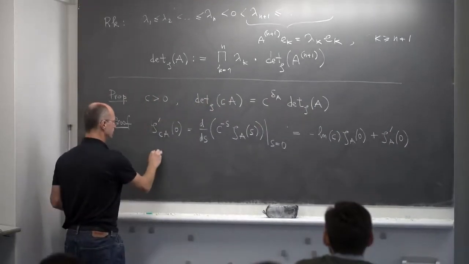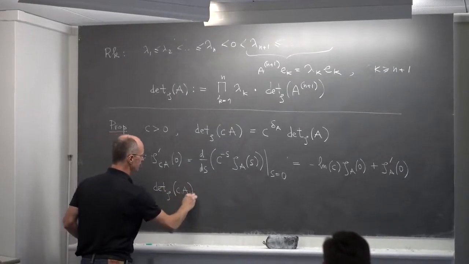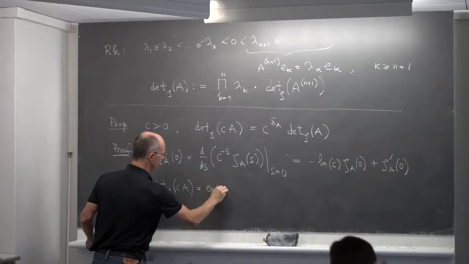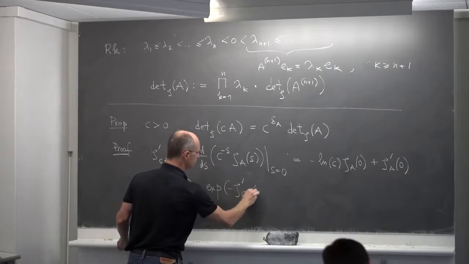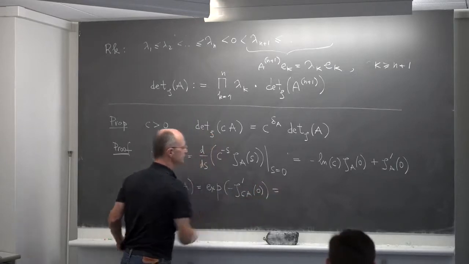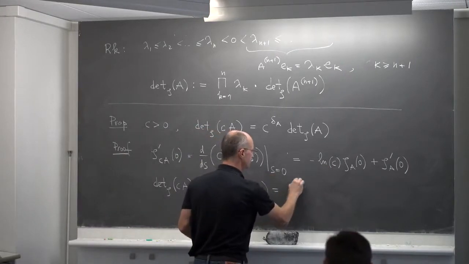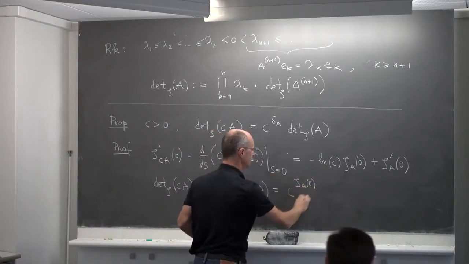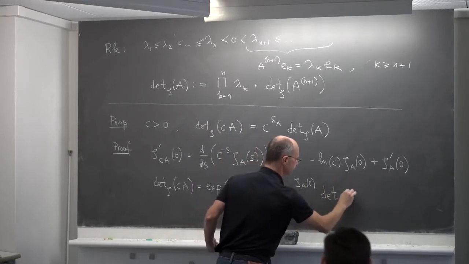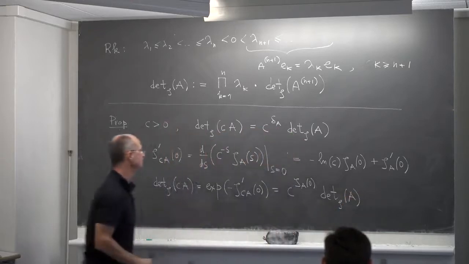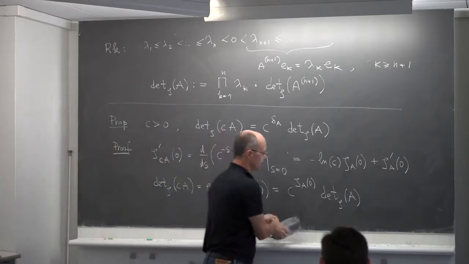And this means that the zeta determinant of cA is the exponential of minus zeta prime of cA at 0. And then the first term gives me c to the power zeta A of 0. And the second term gives me the determinant, right? Okay.